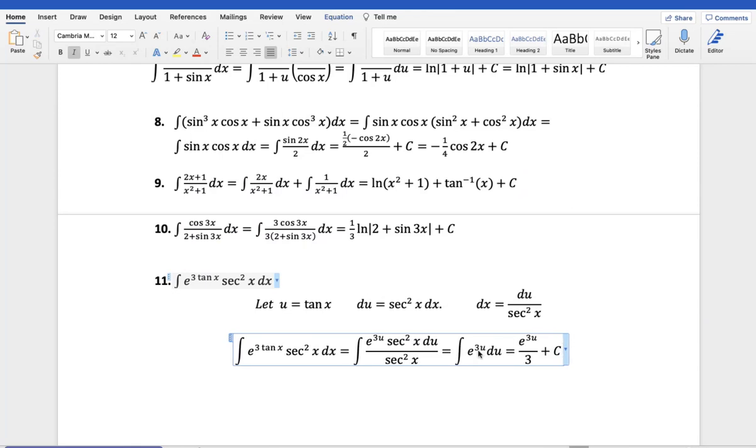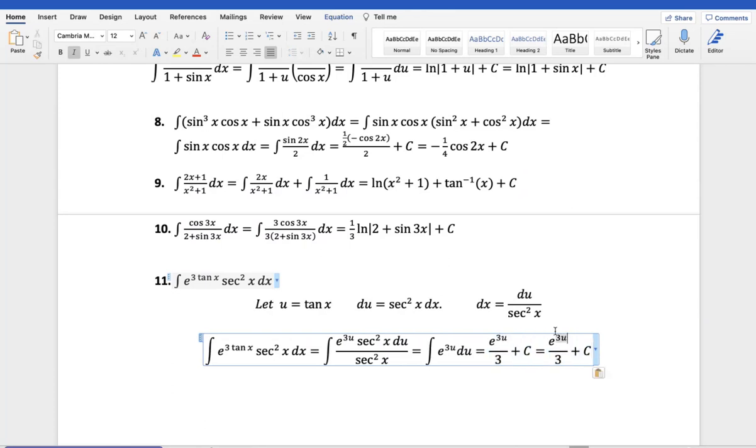Now let's remember that we substituted originally u with tan of x. So if we go back to the original substitution, we get e to the 3 tan of x divided by 3 plus c, the constant of integration.